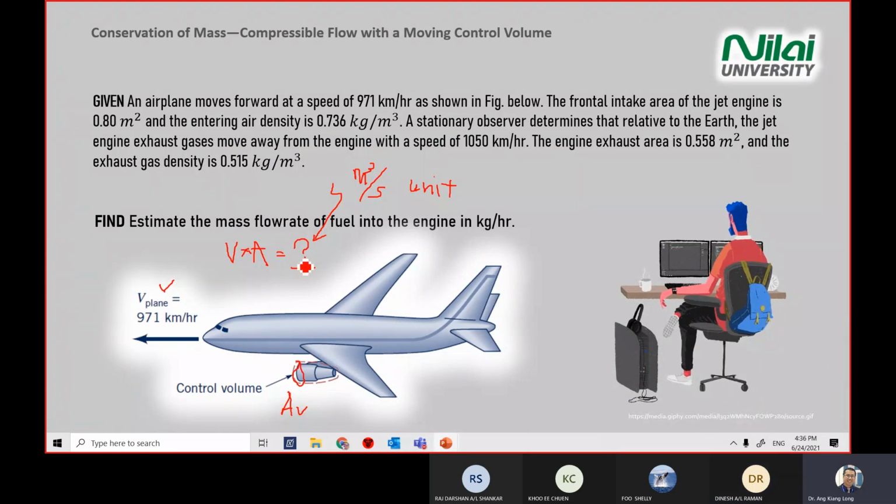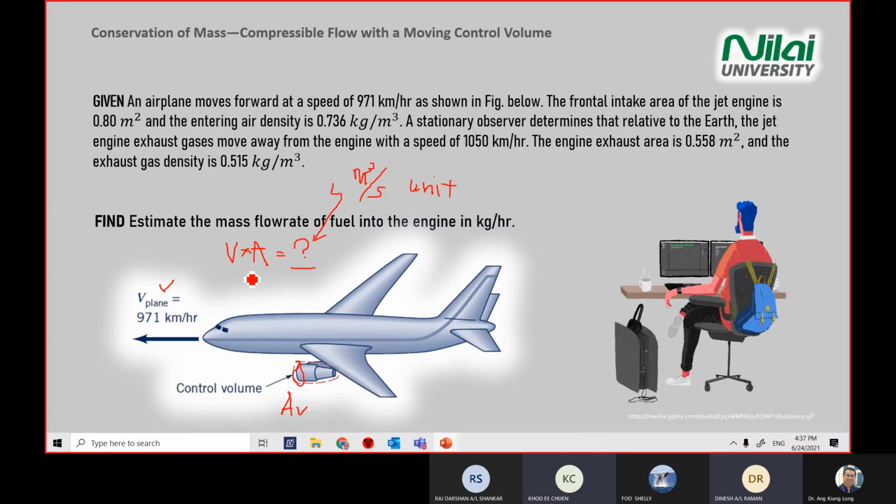Okay, what is the product that we call when you take velocity times area? Is it density? Now, what is the name that we call for this scalar quantity? Density, right?